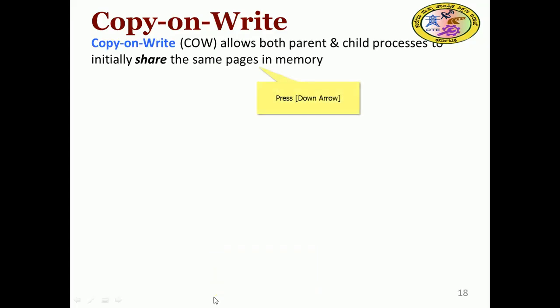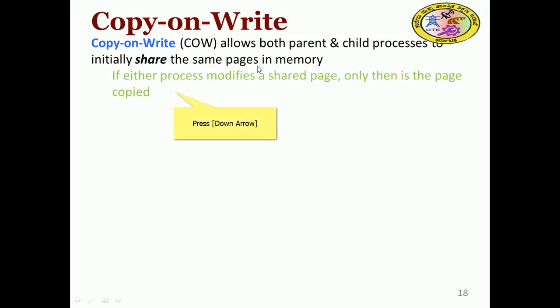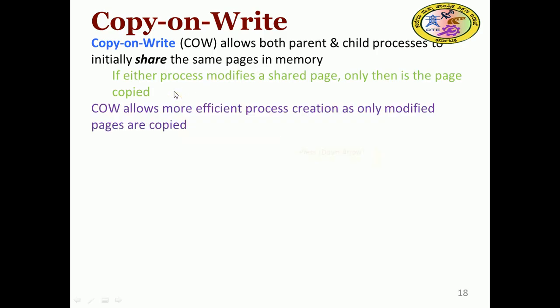Copy-on-write is a special feature of demand paging. Copy-on-write allows both the parent and child process to initially share the same pages in memory. If either process modifies a shared page, only then is the page copied. So only the modified pages are copied, which allows more efficient process creation.